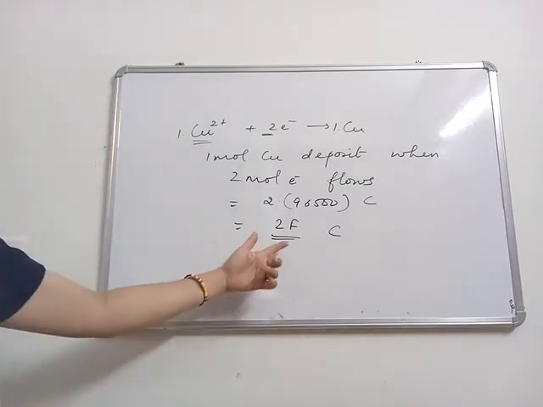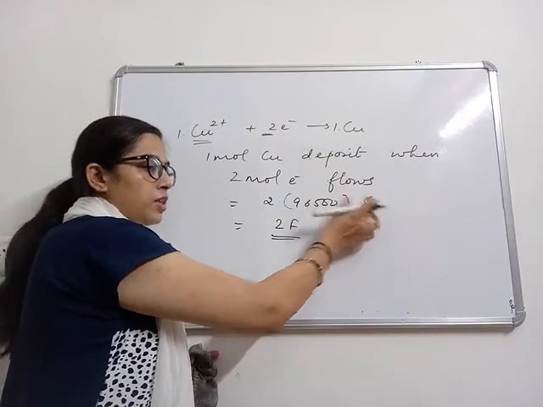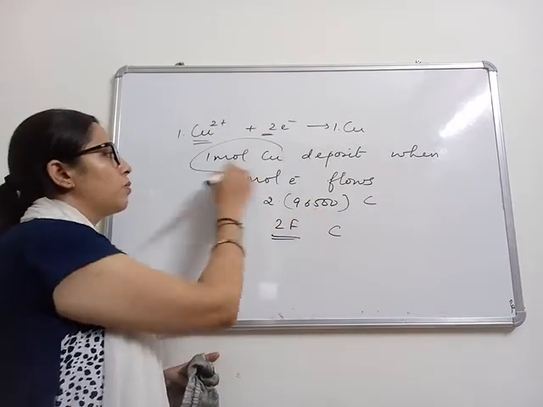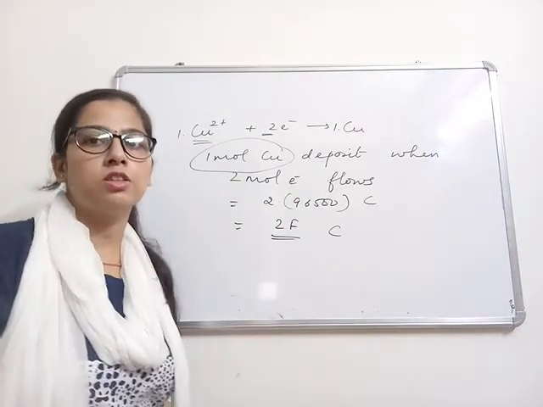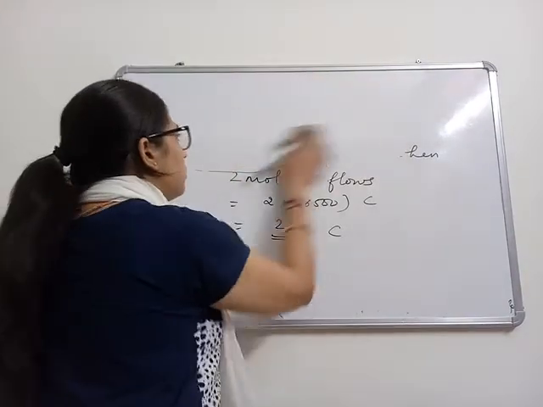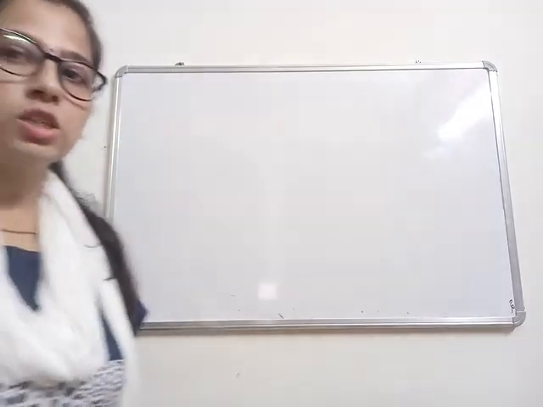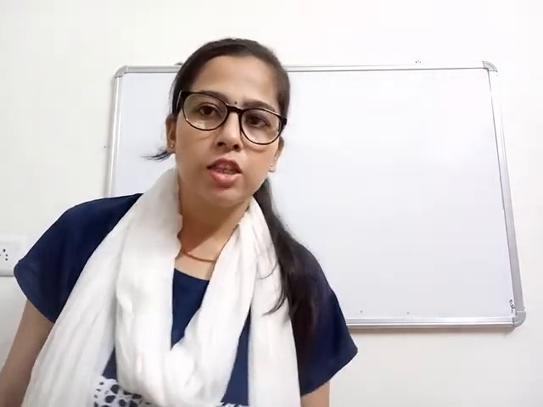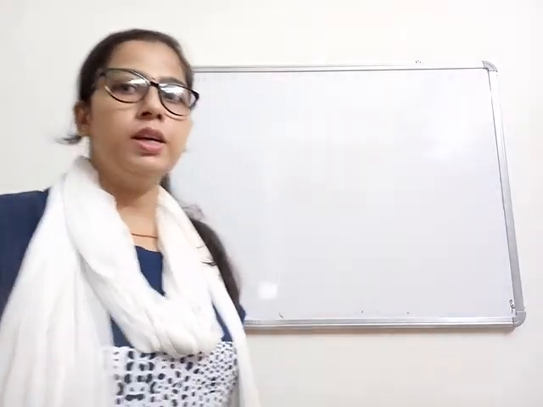So when this quantity of electricity, 2 into 96,500 coulomb, flows, then 1 mole copper will be deposited. And the mass of 1 mole copper is equal to its atomic mass, that is 63.5 grams. So to deposit any amount you have Faraday's constant, and this is the quantitative relationship between the amount of substance deposited or liberated and the quantity of charge flowing through it. And this was explained by Faraday, called Faraday's law.